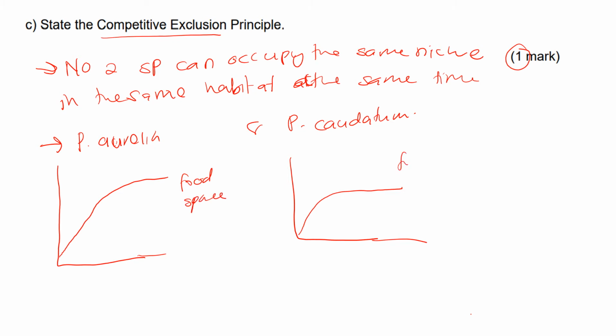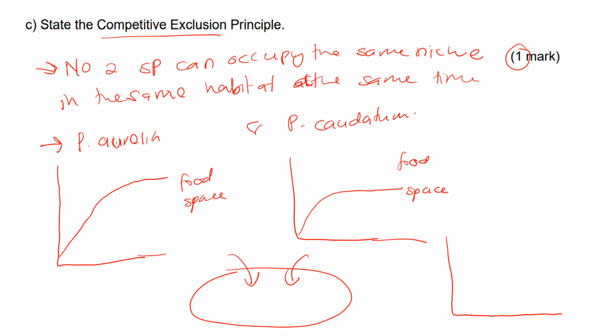But when you put Paramecium aurelia and Paramecium caudatum in the same medium and grow them together, the stronger species will survive and the weaker one will go extinct, will die, because it is not able to compete with the stronger species.